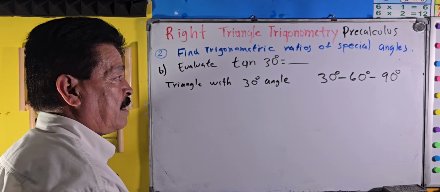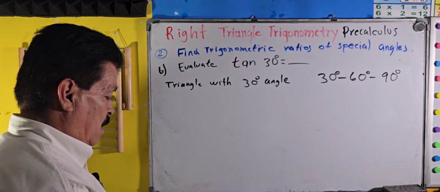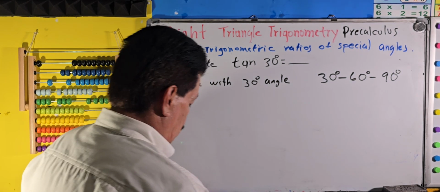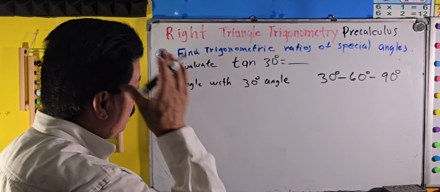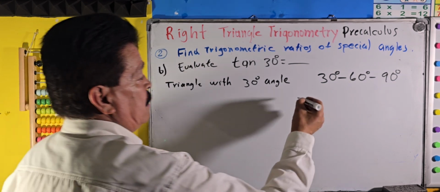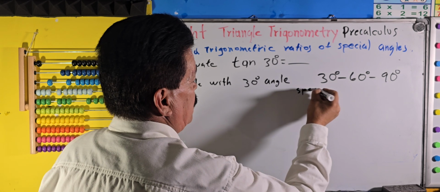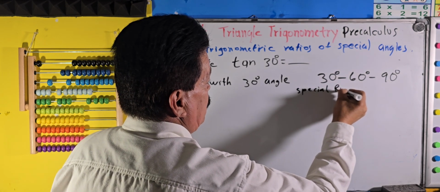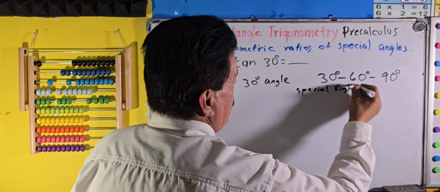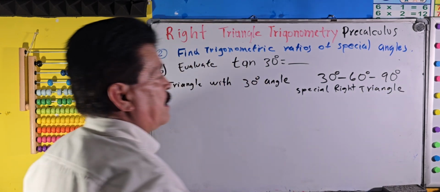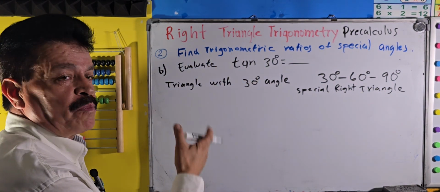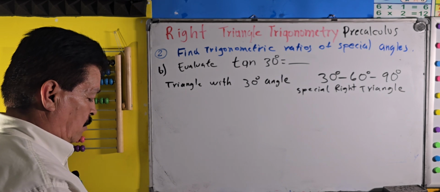Remember in class before I explained what I mean by this. This is because it's a special right triangle. We are talking about the special right triangles in this section, okay.